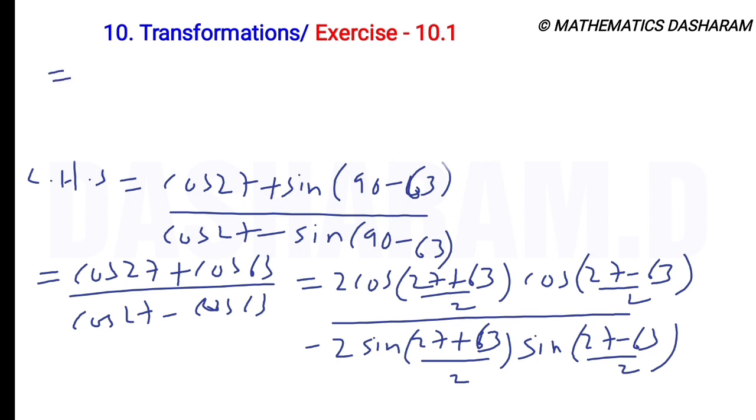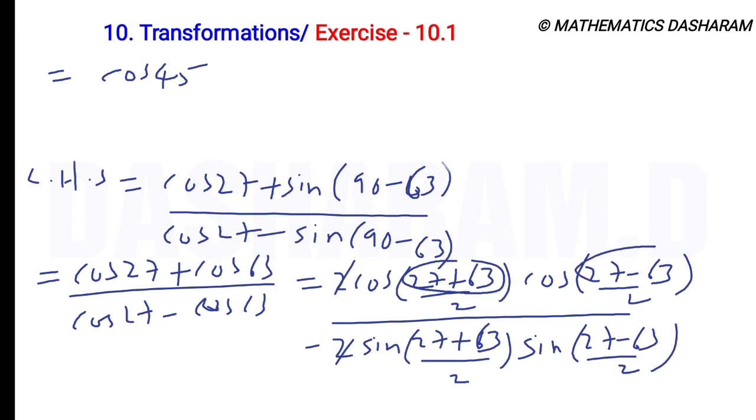So here 27 plus 63 equals 90, 90 by 2 is 45. So cos 45 degrees, and here 2 cancel.